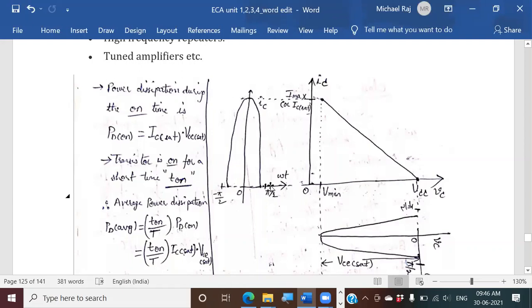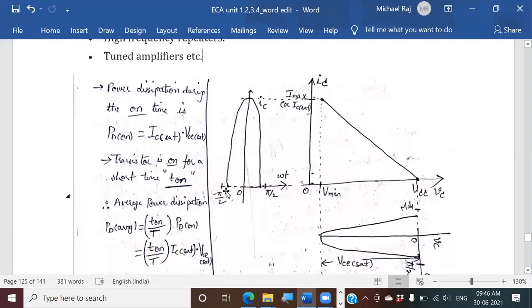Rectangular box means from here to here the signal has value, it is on, and for the remaining duration the signal is off.